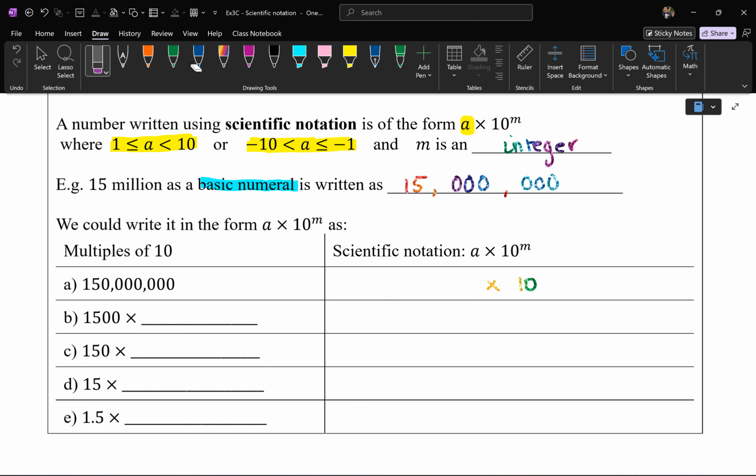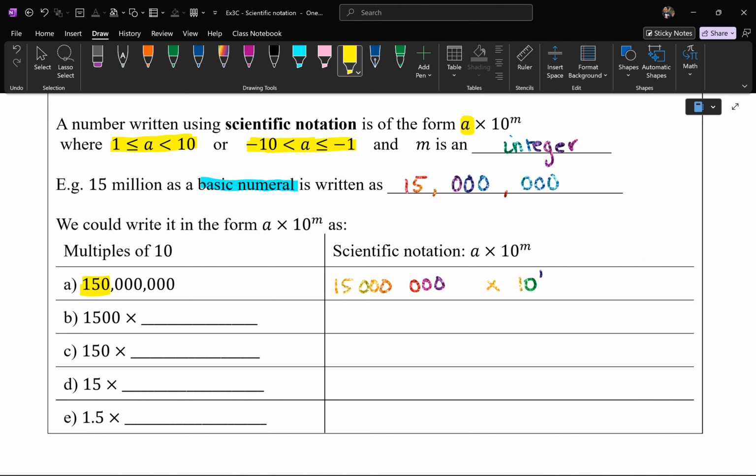Oh, this is why Eunice said 1. Oh, I get it now. Yes, you're right. Times 10 to the power of 1. Sorry, I didn't see that was 150. It was meant to be 15 million. So 15 million times 10 to the power of 1 will make it 150 million, which is true.